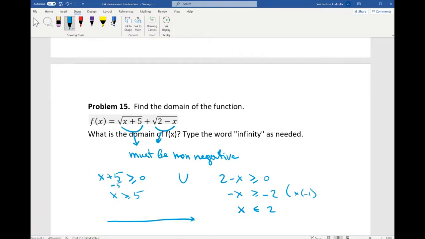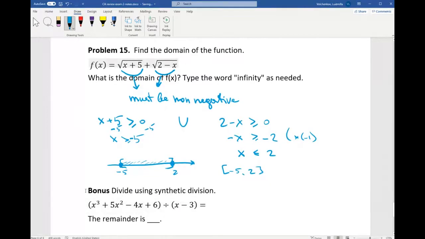I subtract 5 on the left and on the right and get x is greater than or equal to -5. Okay, now it's better. x is greater than or equal to -5 and less than or equal to 2. So the interval is from -5 to 2.